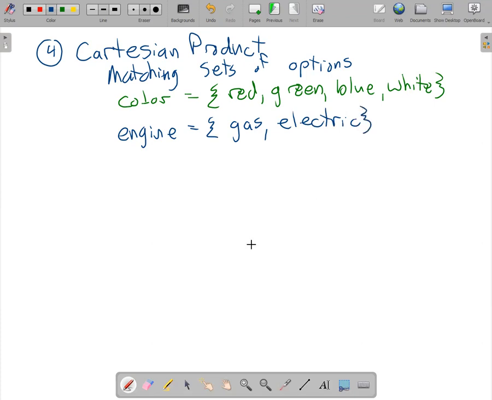Then what are the different possible cars that you could come up with? There are several ways to go about illustrating that. One way is to branch out for the different colors, red, green, blue, and white, and then each color is either gas or electric.